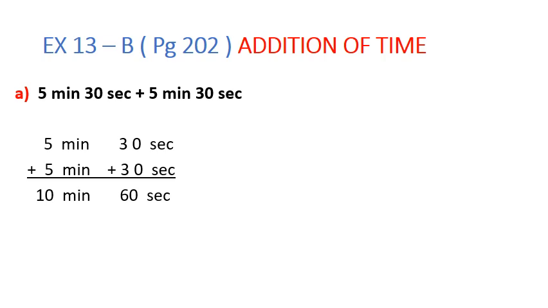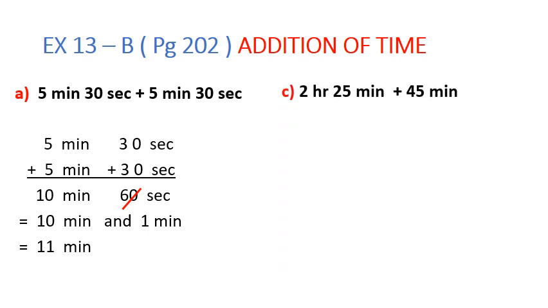Yes, 10 minutes and 60 seconds. Now 60 seconds will become 1 minute. So what is the final answer? 10 minutes and 1 minute. That is equal to 11 minutes.